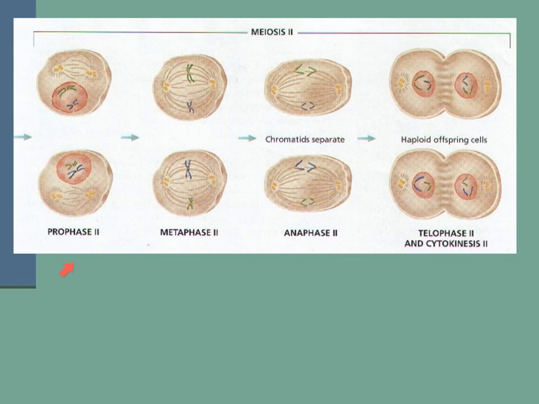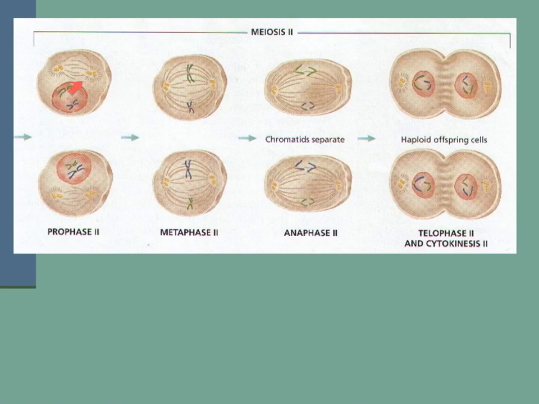Here we see meiosis 2, and notice that because telophase 1 produced 2 cells, we will see both cells going through meiosis 2, and those stages will be prophase 2, metaphase 2, anaphase 2, and then telophase 2 with cytokinesis. In prophase 2, we see the nucleus breaking down, and we see the chromosomes becoming visible.